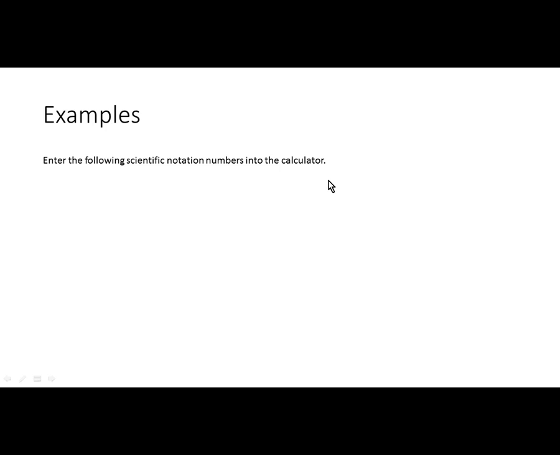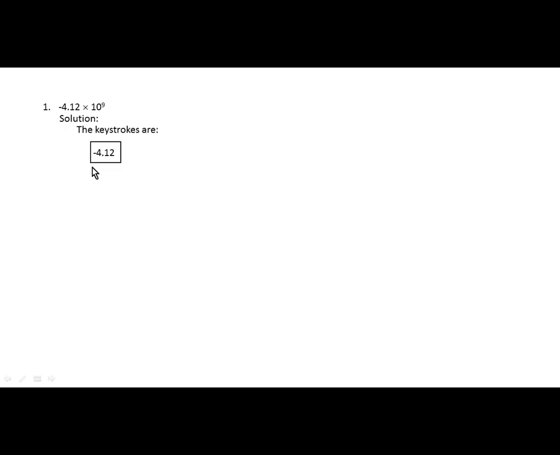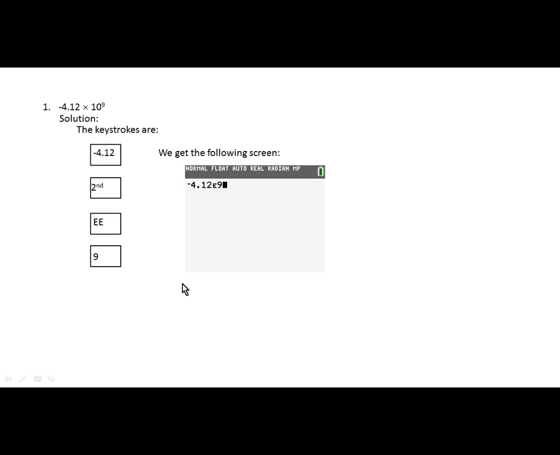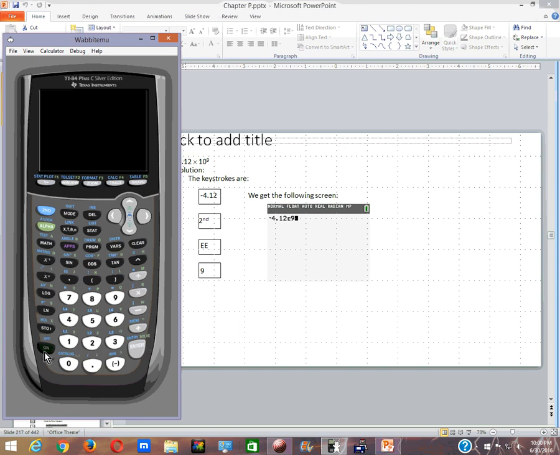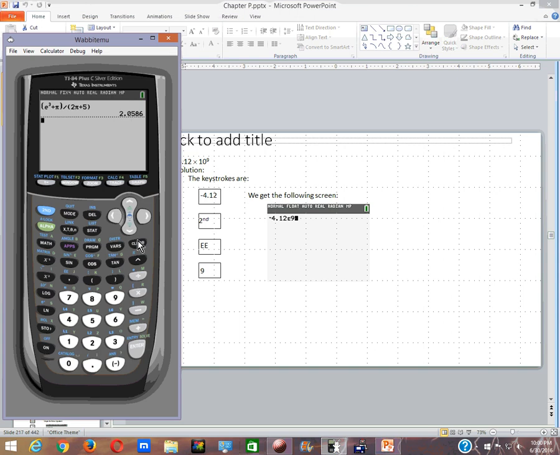So enter the following scientific notation numbers into the calculator. We're not going to do anything with them, we're just going to enter them. So negative 4.12 times 10 to the 9th. You're going to have negative 4.12, then second, EE, 9. So if we do it on our calculator, let me turn it on, clear that out, and set my float back to float.